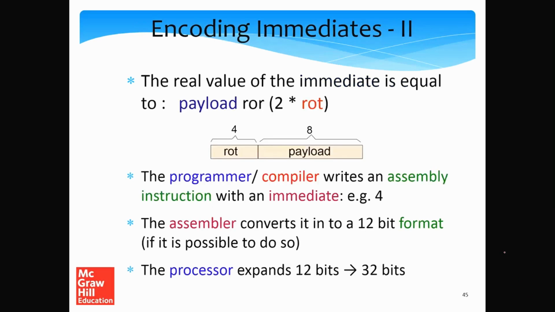The real value of the immediate can be calculated like this. Let's again consider the 12-bit field. The 12-bit field here is divided into an 8-bit payload, which is basically 1 byte of information, and a 4-bit field called ROT. The way the immediate is calculated is like this.